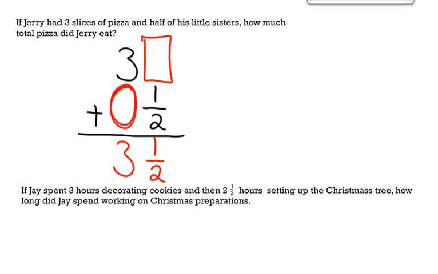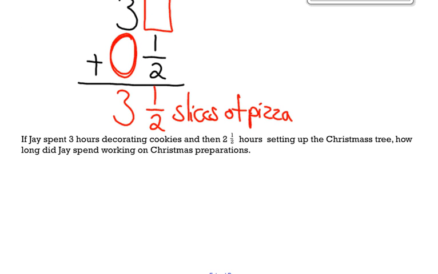So it's going to be 3.5 slices of pizza. So we have that idea. Let's look at another one. It says if Jay spent 3 hours decorating cookies and then 2.5 hours setting up the Christmas tree, how long did Jay spend working on Christmas preparations?